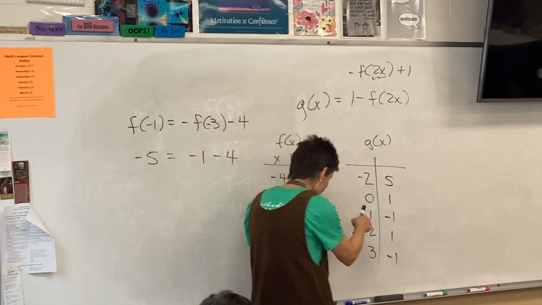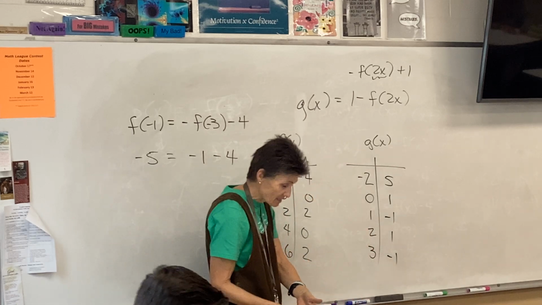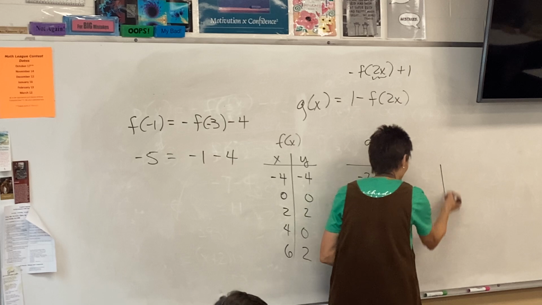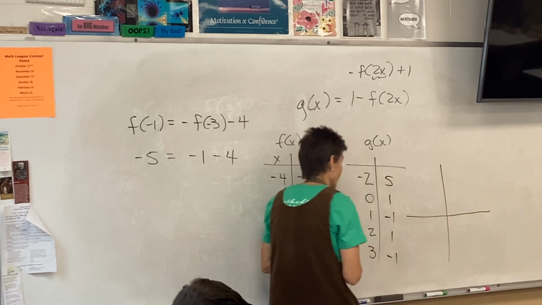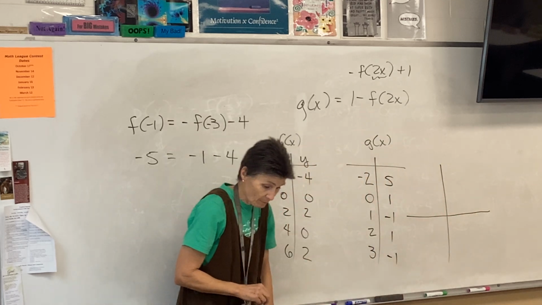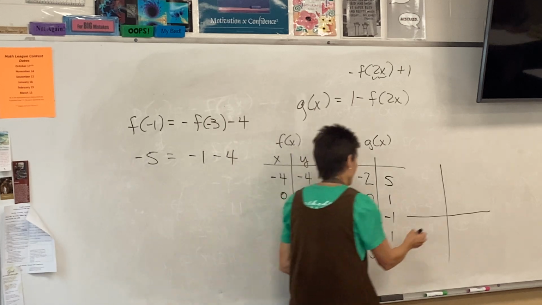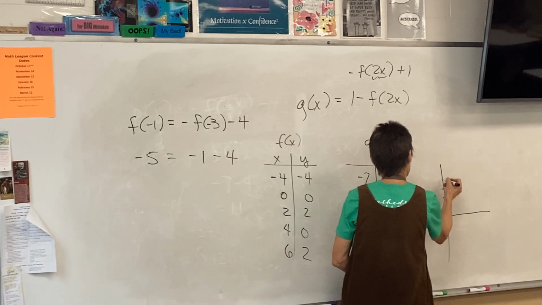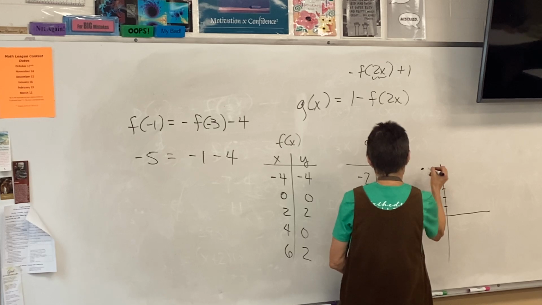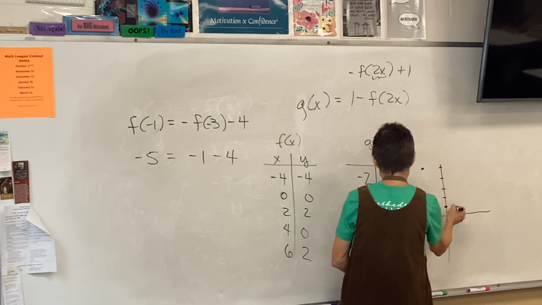Now I'm going to plot those points on the same graph as this one. I'm going to plot these points, and that should be your answer. So go ahead and do it. See what it looks like. Yours is going to look better than mine because I don't have graph paper like you do.